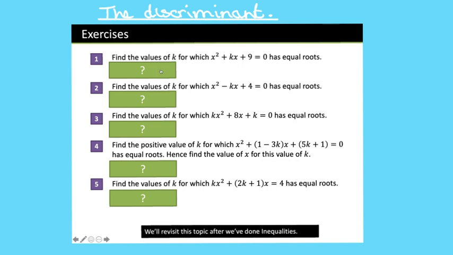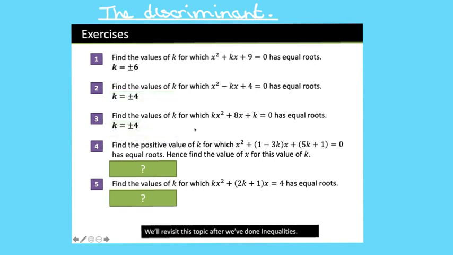The answers are: 1, k equals plus or minus 6. 2, k equals plus or minus 4. 3, k equals plus or minus 4. 4, k equals 3, and x equals 4. And question 5, k is equal to minus 1 plus or minus root 3 over 2.